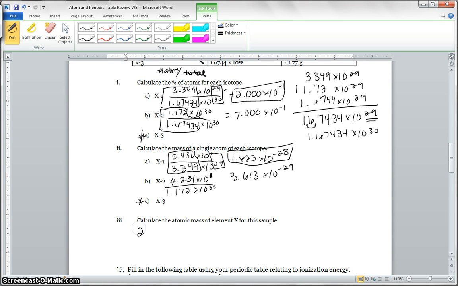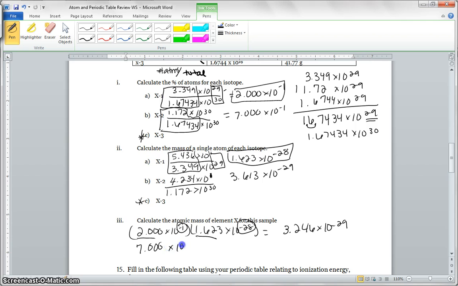So we take 2.000 times 10 to the negative 1 multiplied by 1.623 times 10 to the negative 28th. We should get 3.246 times 10 to the negative 29th. Again, we just multiply these numbers, and we add the exponents together.